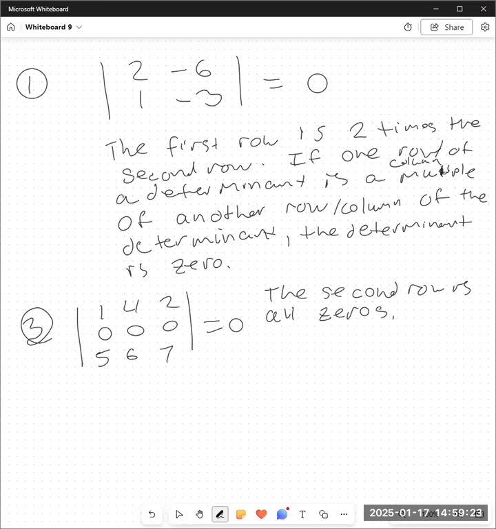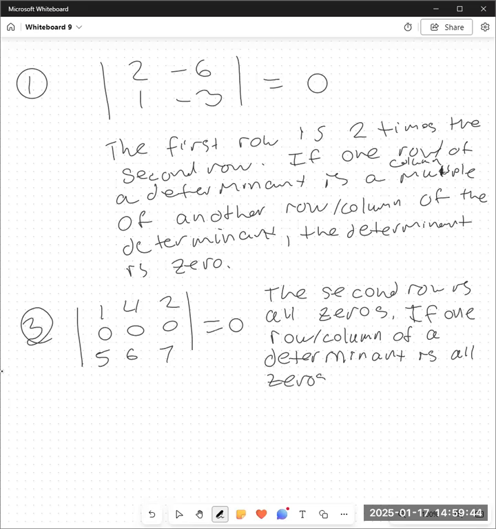If one row or column of a determinant is all zeros, the determinant is 0.